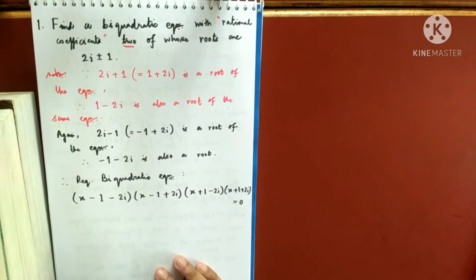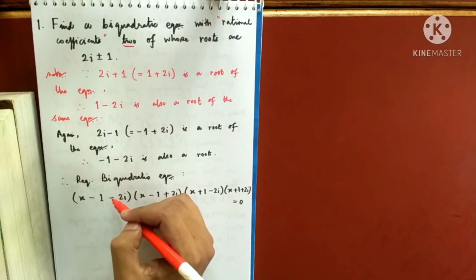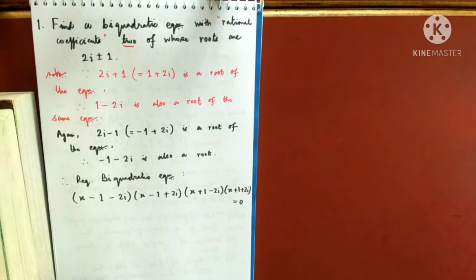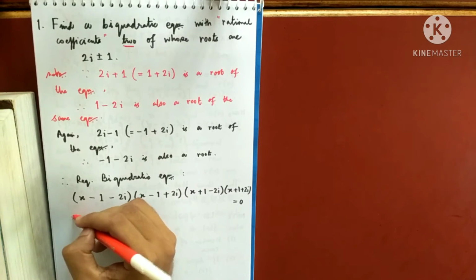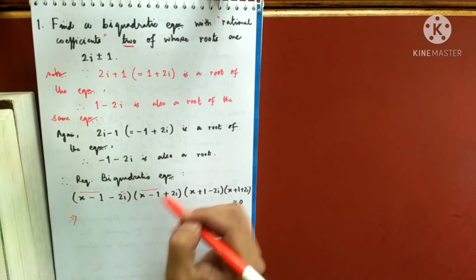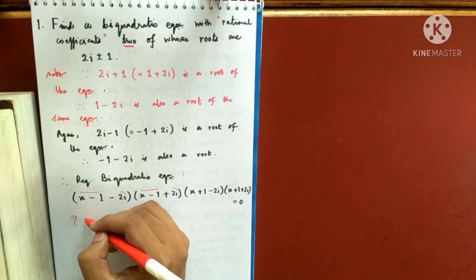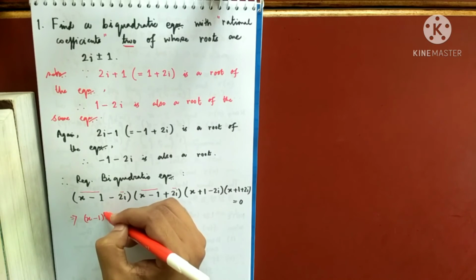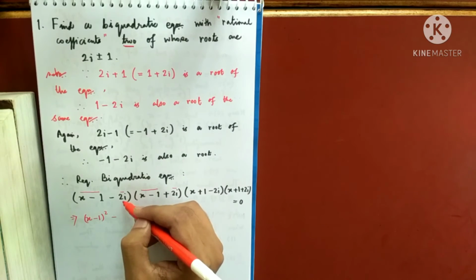Let's simplify this biquadratic. Because these four are the roots, suppose a, b, c, d are the roots, then what is the equation? x minus a, x minus b, x minus c, x minus d. Same logic. So open the bracket. Consider this as a, consider this as b. So a minus b into a plus b is a square minus b square.